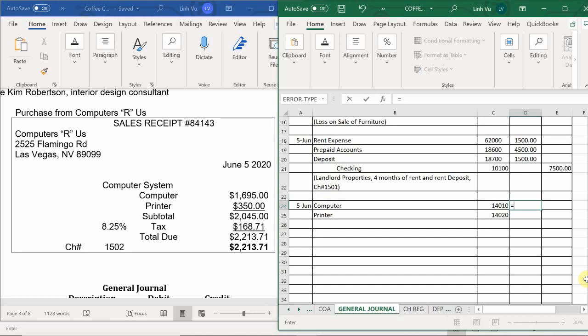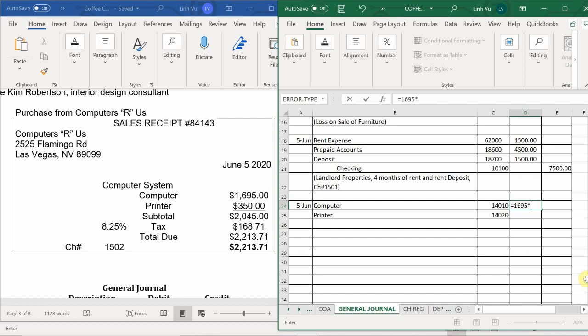Let's go ahead and calculate that. If my asset is 1695 and I have to pay taxes on it at 8.25%, we have 139.84 or 83.75, whatever you want to put. Let's add that to my asset cost.